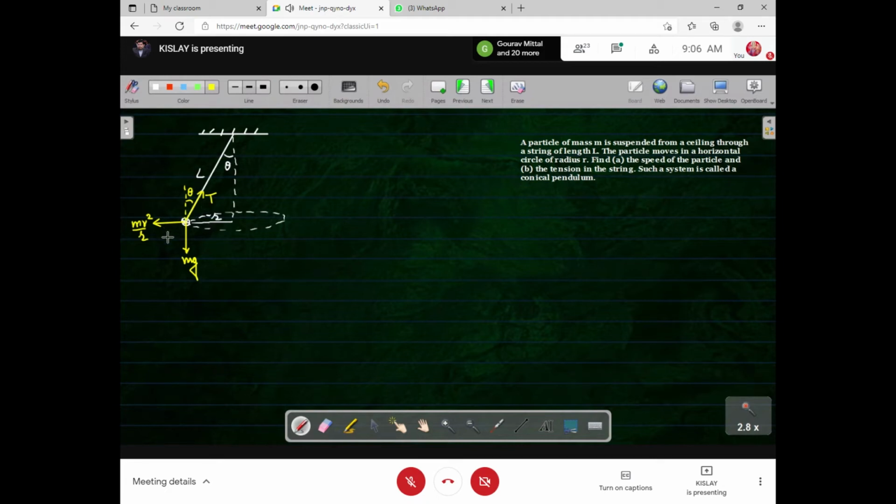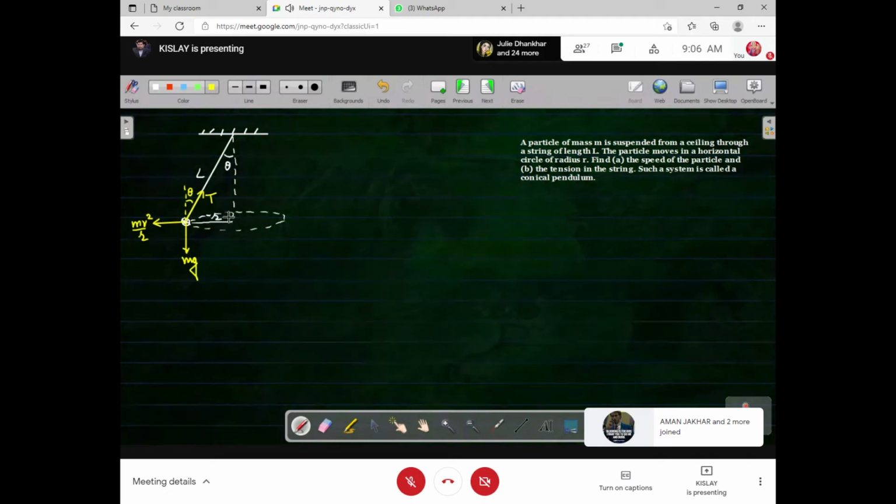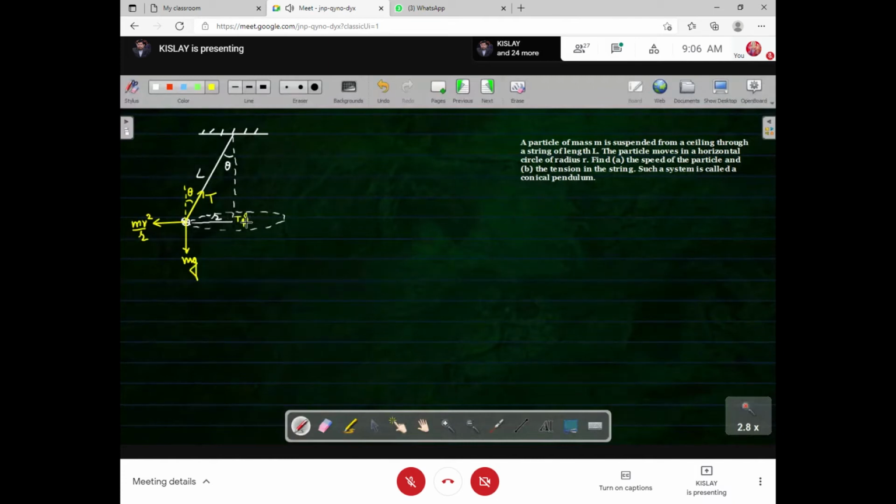Two forces, mv square upon r and mg, are both along the axes, so there is no need to break them. We just have to break the component of tension. The component of tension along this is T sin theta, and here it is T cos theta.